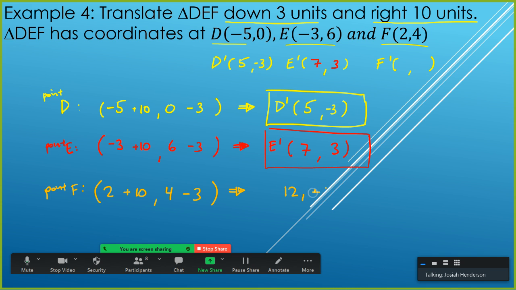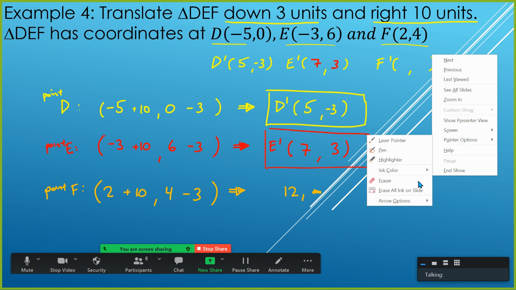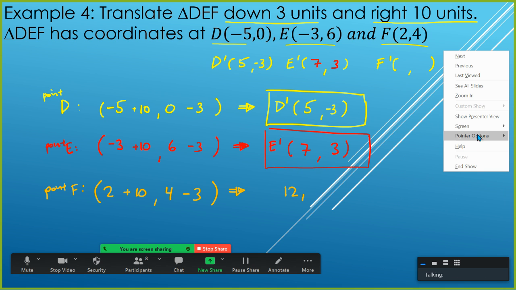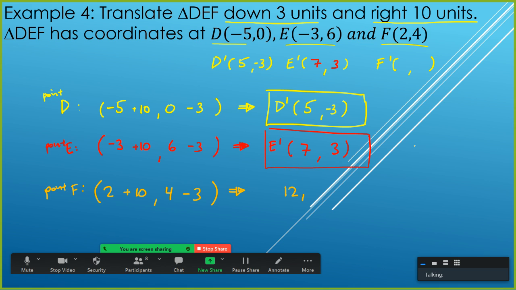Oops, 4 minus 3 is just 1. And that's F prime.